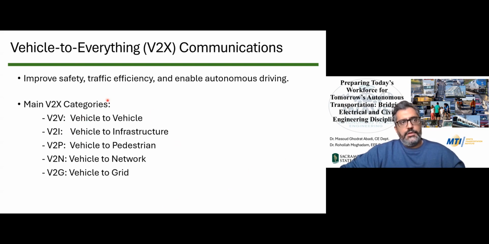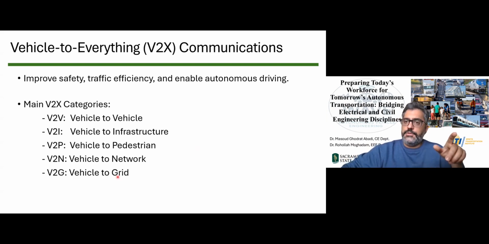If I'm working with vehicle to vehicle, what I'm trying to achieve is communication between vehicles so that we would avoid collisions. I know that there is a sudden brake for one of those cars in the system, or a sudden lane change because there was an object on the roadway. So they are communicating with each other at any time.